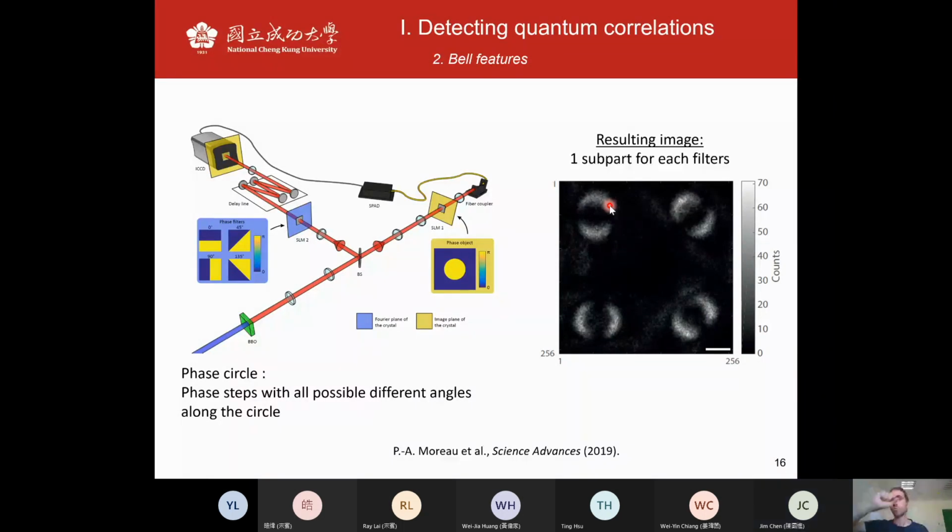We use the fact that we've got many pixels and many photons detected in a single frame to do a spatial average. So we switch from the temporal average in conventional quantum optics to basically a spatial average. But we have many photons per image. I see. Thank you.